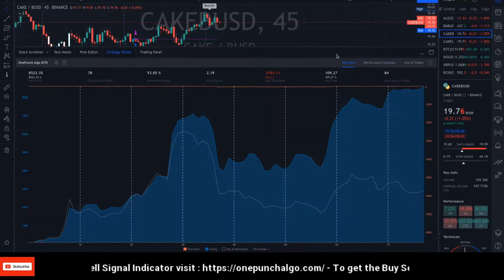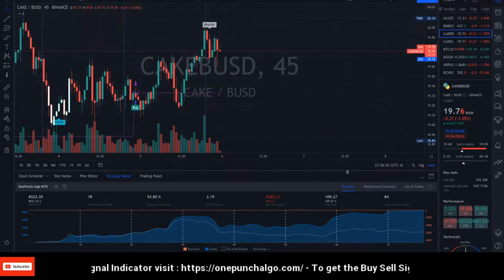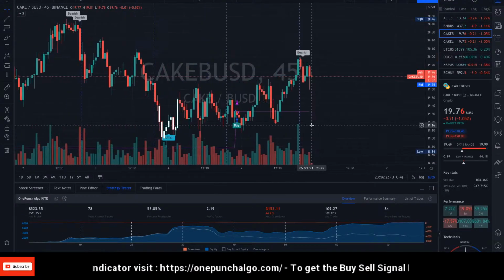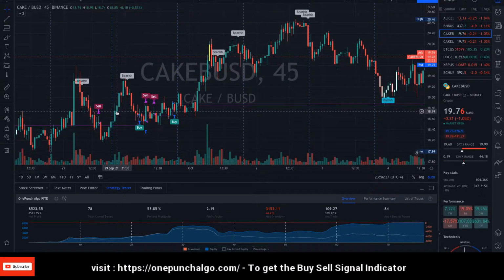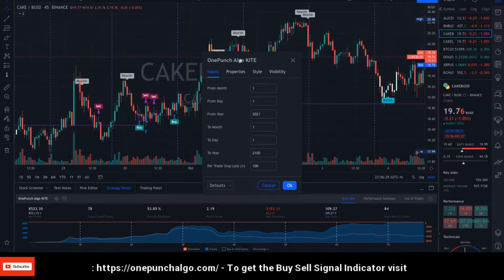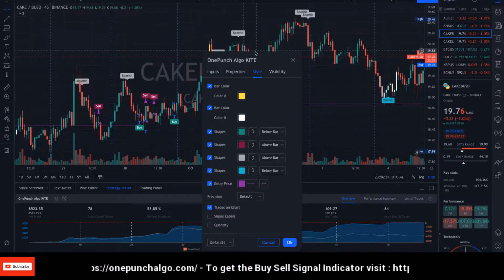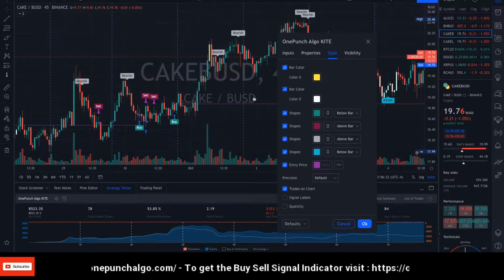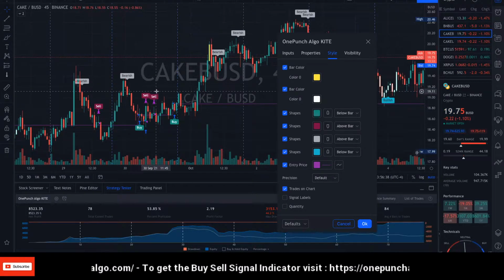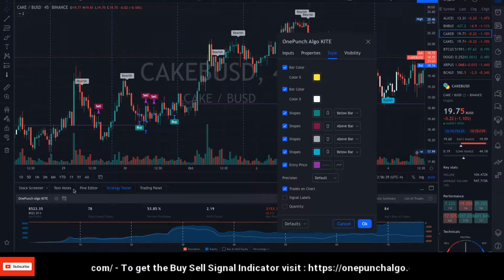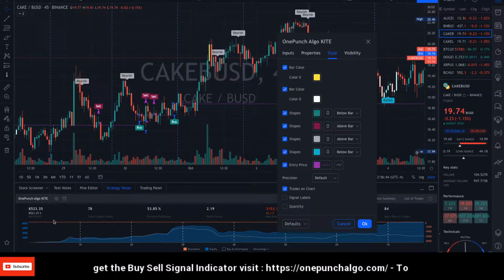Right, so let's check what these signals are. The most important signals here are the buy and sell signals. The buy and sell signals are the ones that are calculated by the algorithm and shown in this backtesting results.